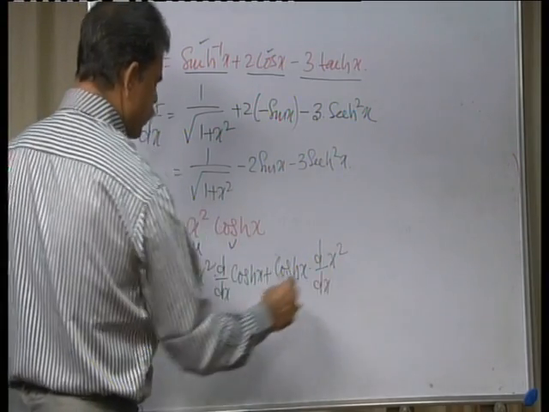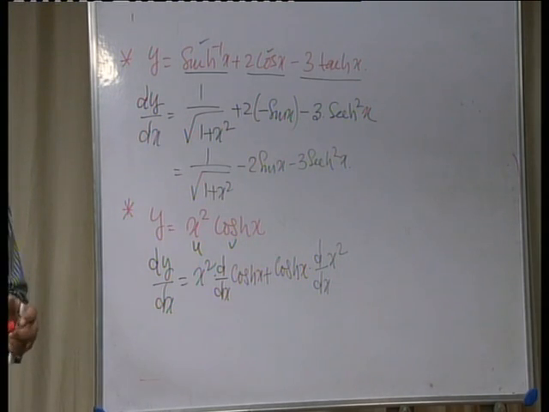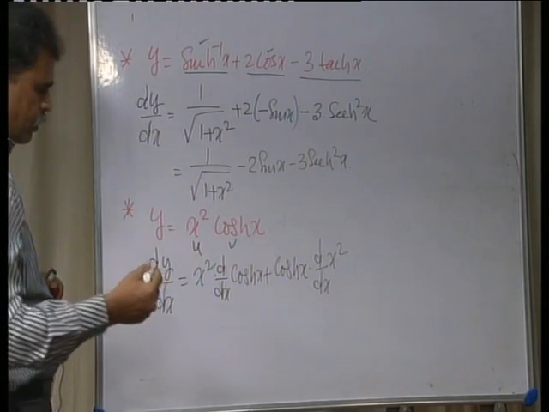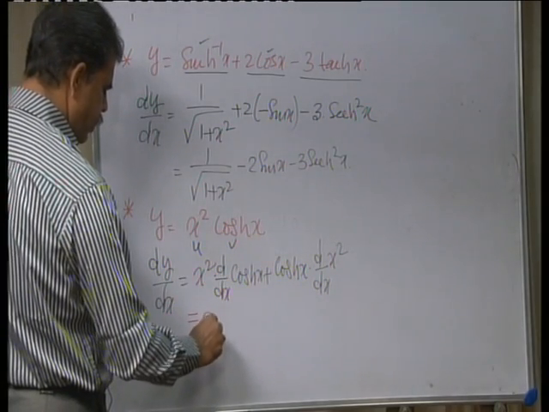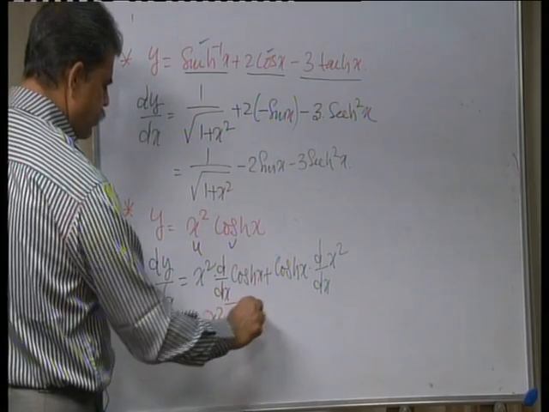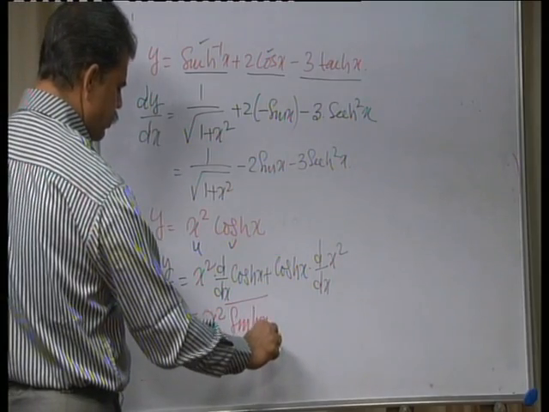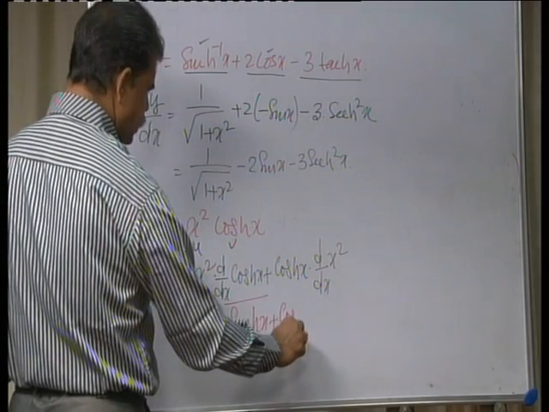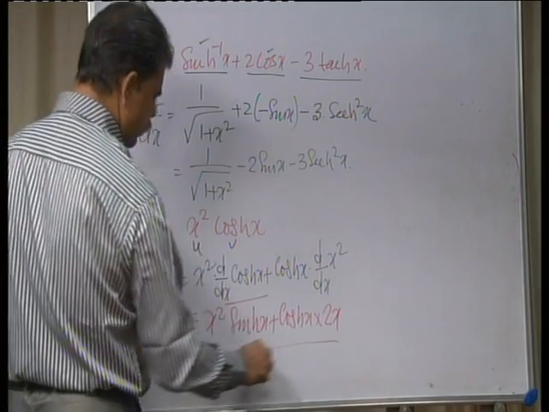I have used the product rule. Wherever we have d by dx, that is differentiated. For x square we have to write as it is. Differentiation of cosh x is sinh x, plus cosh x into differentiation of x square, which is 2x.